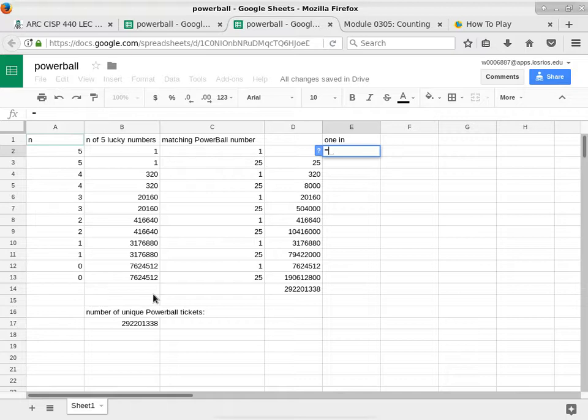Yep, it's just really this number divided by this number. They're just looking at the reciprocal. Okay. So let me fix this first because this number has to have the absolute reference before I can pull it down like this.